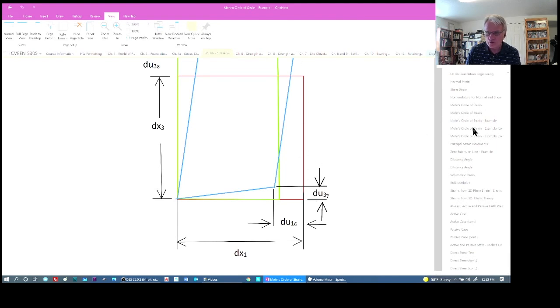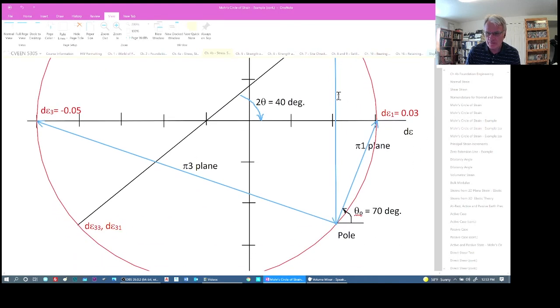So we draw a line parallel to that plane till we have the pole. Then if we draw a line up to where we intersect d epsilon where the shear strain is 0, we have the major principal strain at 0.03 something.